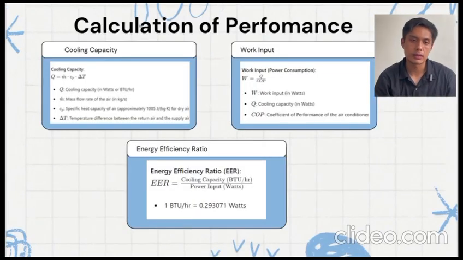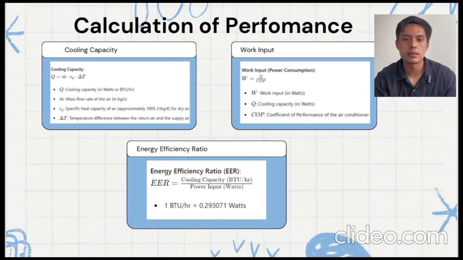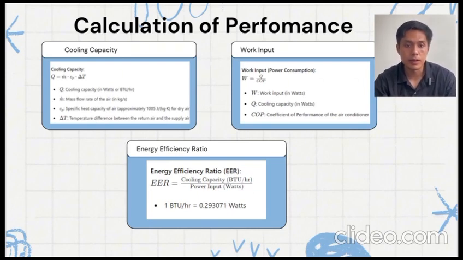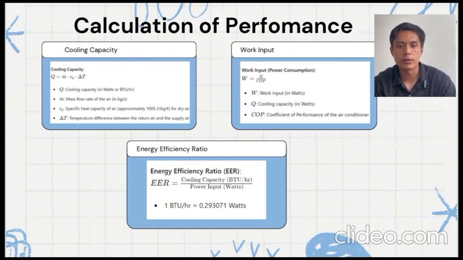Next part is the calculation of performance. This involves formulas for cooling capacity, work input, and energy efficiency ratio. The cooling capacity formula is Q equal to M multiplied by Cp multiplied by delta T. Q is the cooling capacity, M is the mass flow rate of the air, Cp is the specific heat capacity of air, and delta T is the temperature difference between the return air and the supply air.